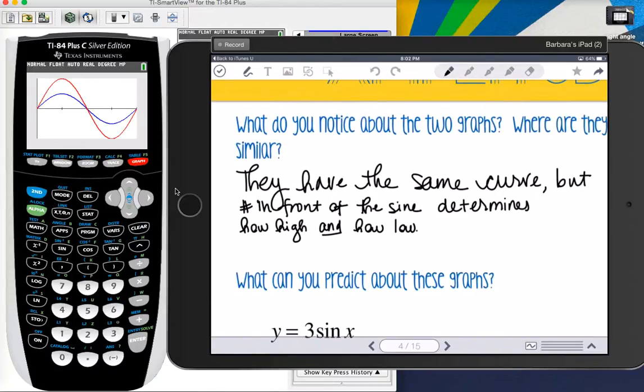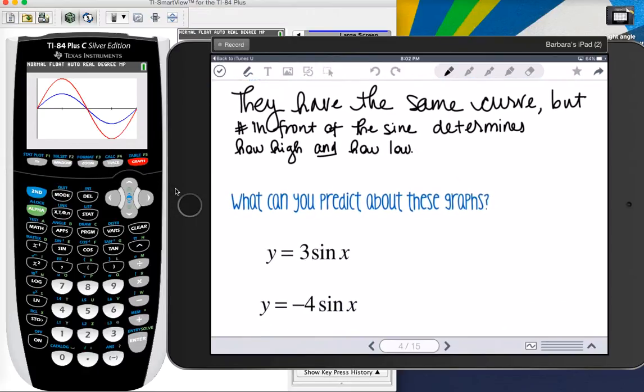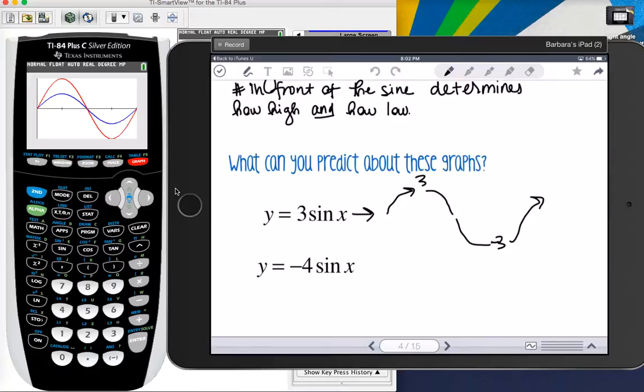So if we were to predict these ones, we would say that this goes all the way up to 3, comes back down, goes all the way down to -3, and then comes back up. This one's a little more tricky because it's a -4.